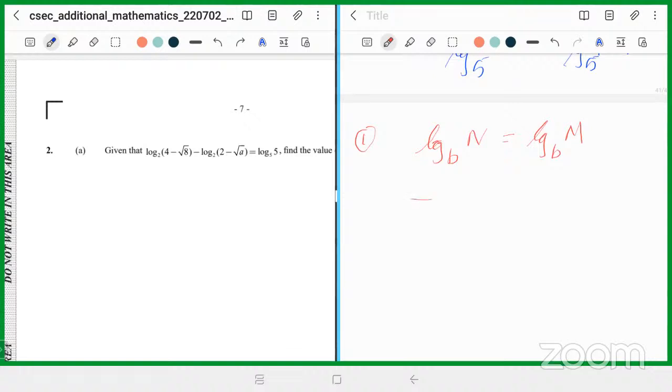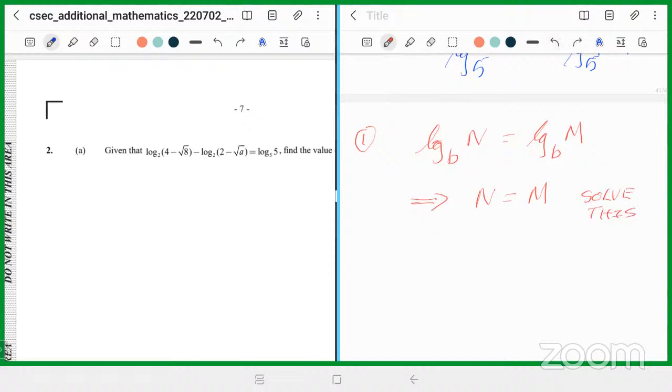Then this would imply that N equals M. N would be equal to M, and then you would solve this. From here, you would solve and get the answer.